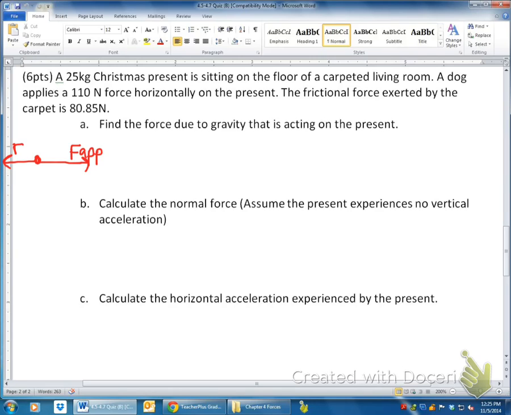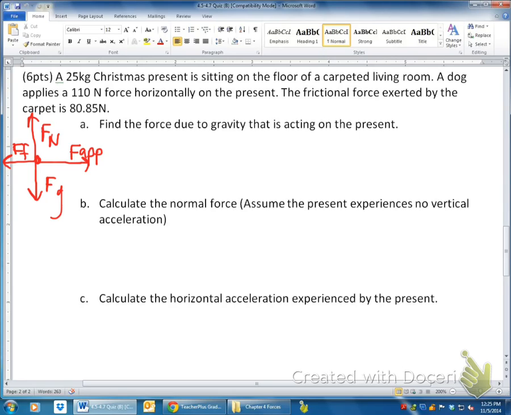Friction. Okay, then what vertical forces do we have? Good. Normal force and gravitational force.